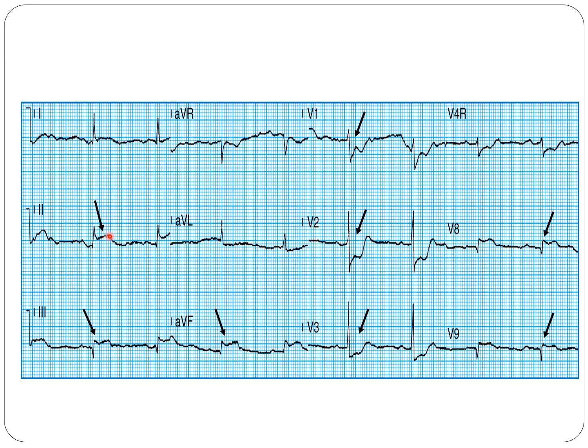We see ST elevation in 2, 3, and AVF, ST depression in V1, V2, V3, and we see elevation in V8, V9, confirming that this is an infero-posterior acute MI. If you see the R wave in V2, V3, there's a very pronounced R wave representing a pathological Q wave on the back.